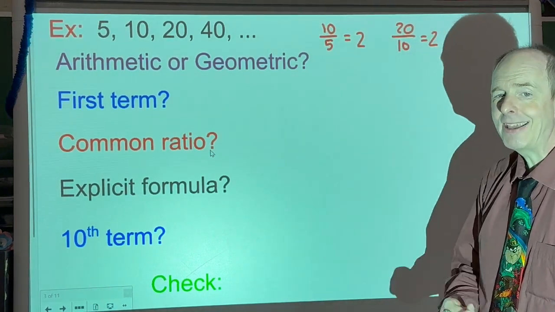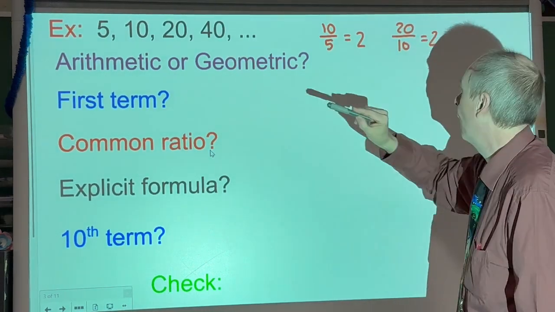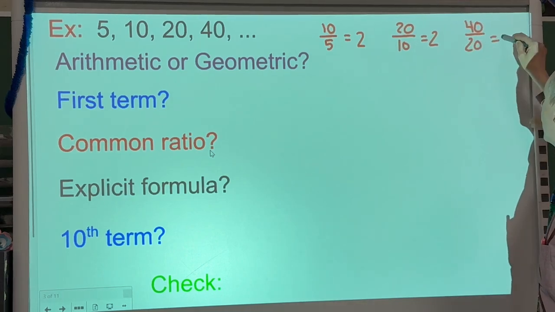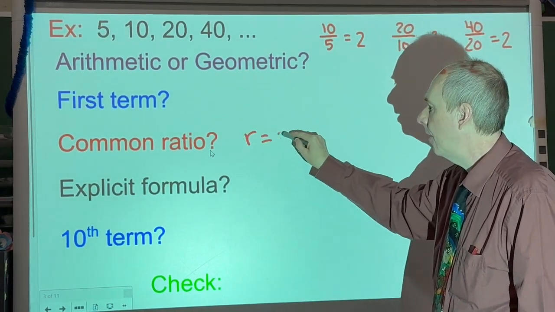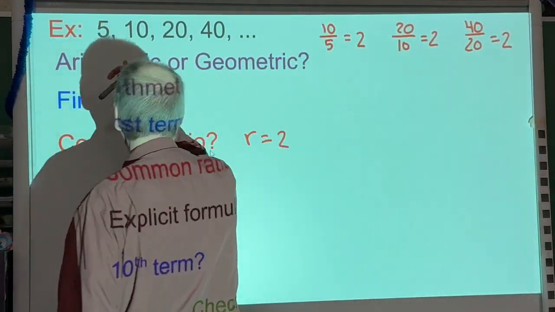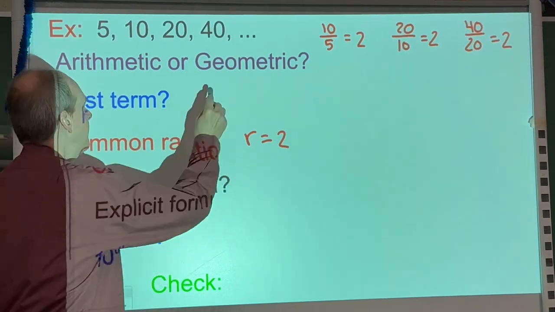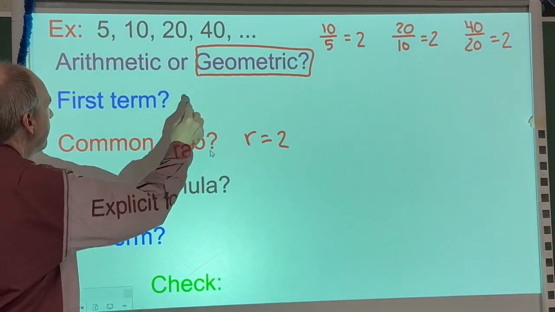So far, we have a common ratio. Ratios are fractions. Take our 40, divide it by 20, we get 2. So we're getting a common ratio of 2. In other words, you are multiplying times 2 times 2 times 2. That is indeed a geometric sequence. Our first term is 5.